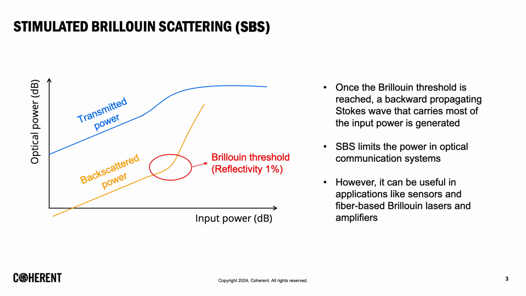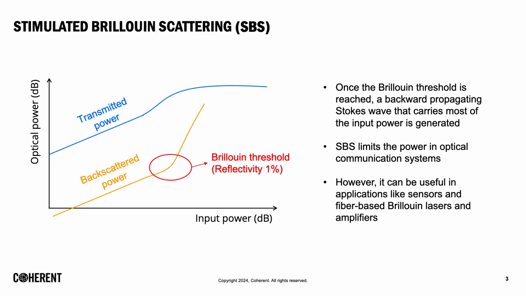What happens here? As we increase the power levels, the transmitted power will start to increase linearly, but at some point it will saturate. Why does this happen? Well, if we look at the backscattered power, beyond a certain point the light will be strongly reflected. The threshold pump power for SBS depends on the spectral width associated with the pump wave.